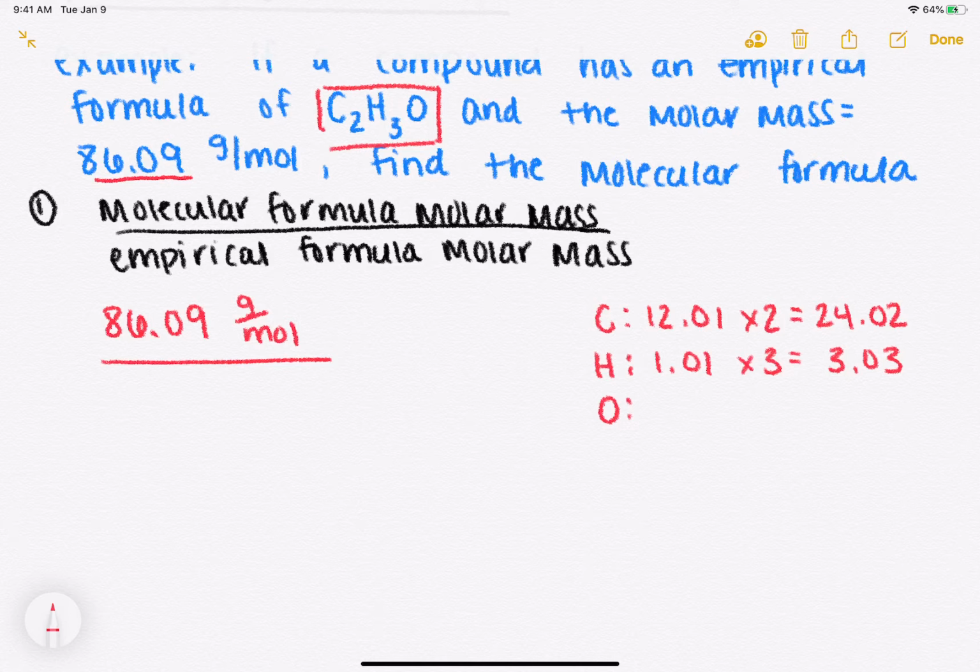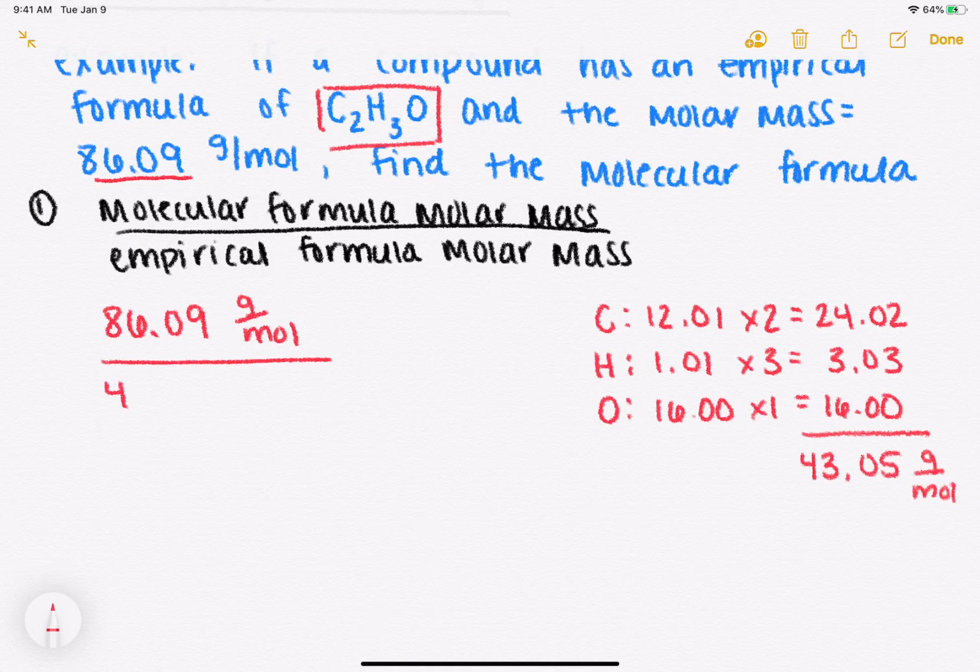Then oxygen is 16.00, and there is 1 oxygen in this empirical formula, which gives us a total of 16, which gives us an empirical formula molar mass of 43.05 grams per mole.